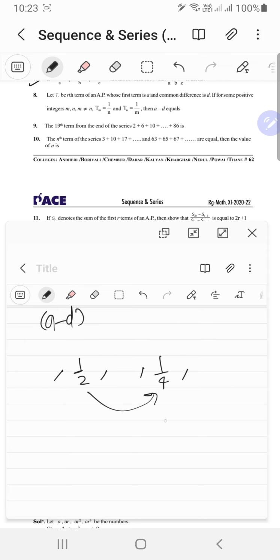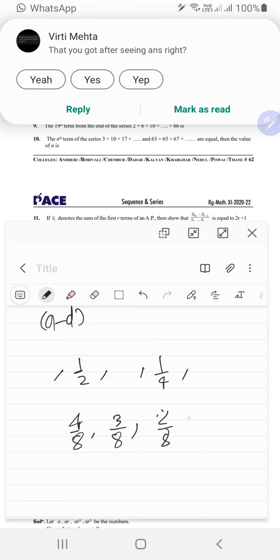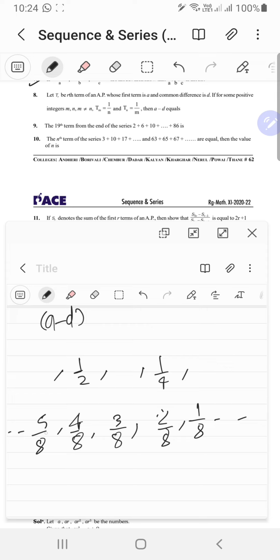So the difference will be negative 1 upon 4, because it's decreasing. Half of that will be negative 1 upon 8. So we can write this as 4 upon 8, this is 2 upon 8, and the midterm should be 3 upon 8. Then it keeps on going, 1 upon 8 and 5 upon 8 and so on.